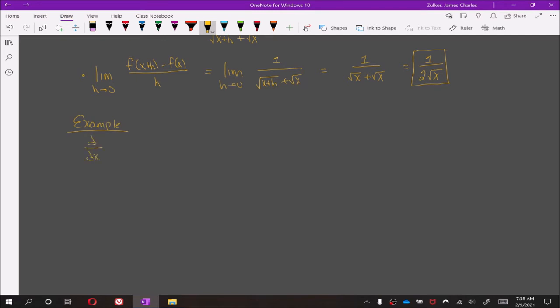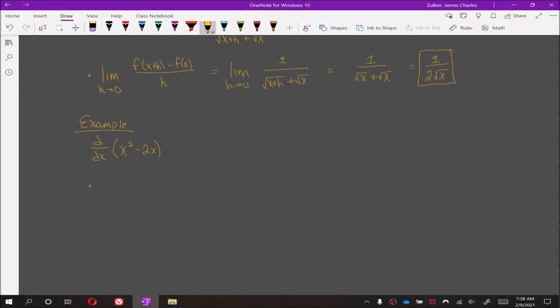Next, let's go ahead and try and find the derivative of x squared minus 2x. So again, we attack this in a 4-step process. First, let's find f of x plus h, and simplify this as much as possible.